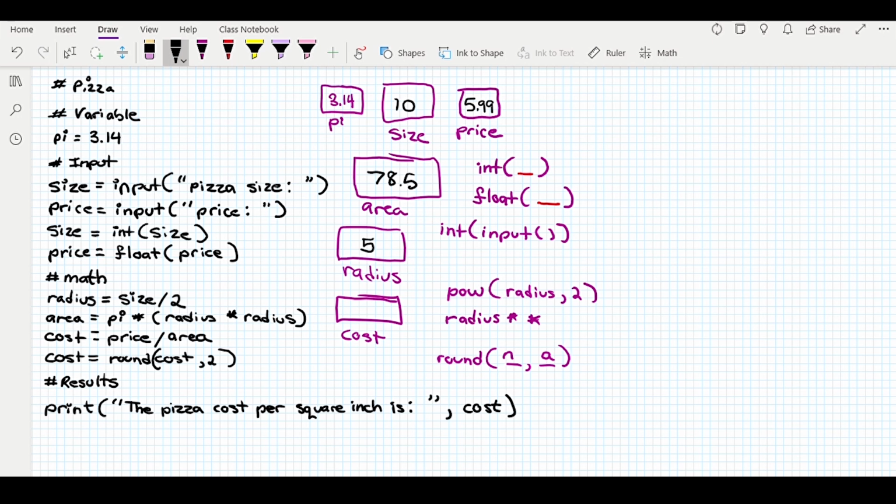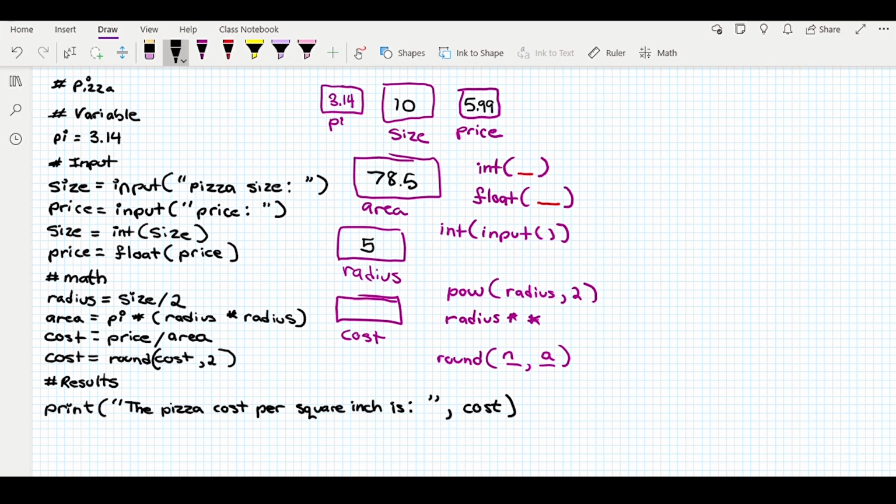What? Now, we need to figure out the price. Sorry, the cost per square inch. So that's going to be that $5.99 divided by 78.5. So $5.99 divided by 78.5, and we get a long number.